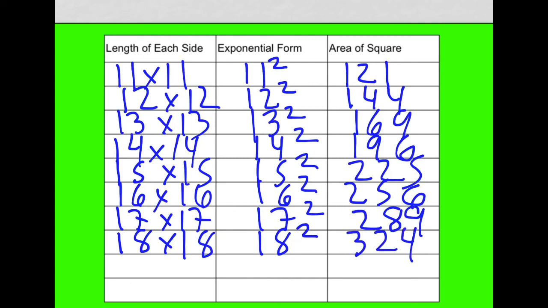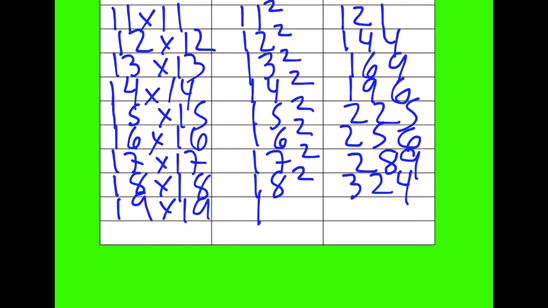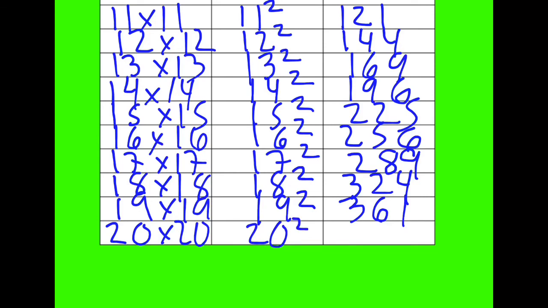Whew, I think I've got it. 19 by 19, that's 19 squared, that's 361. Please be right. That's 20 by 20, which is 20 squared, which is 400.